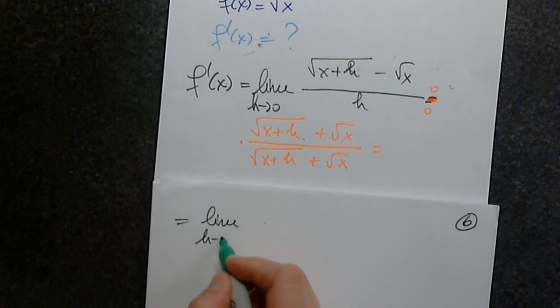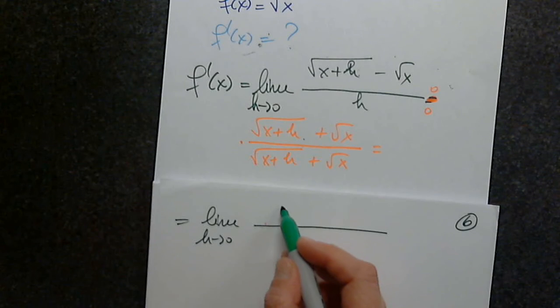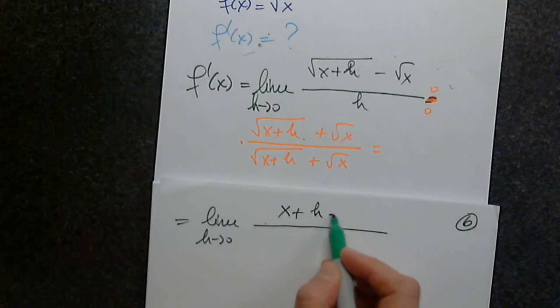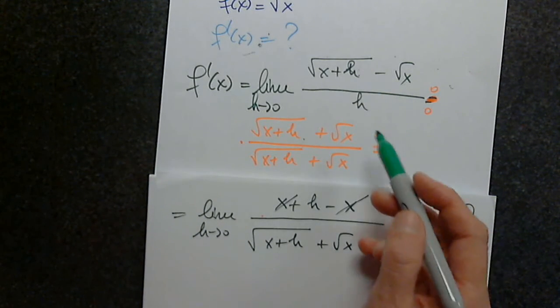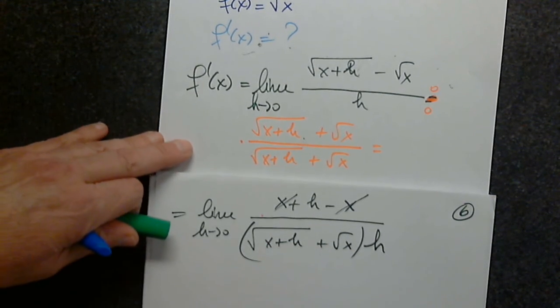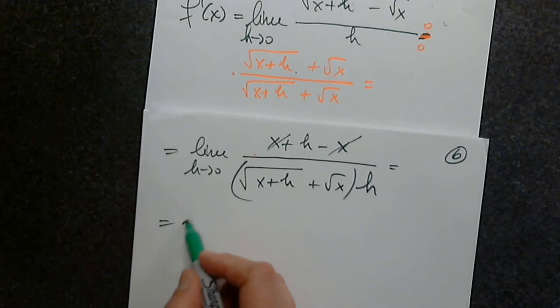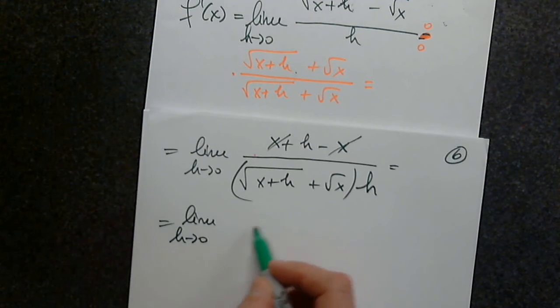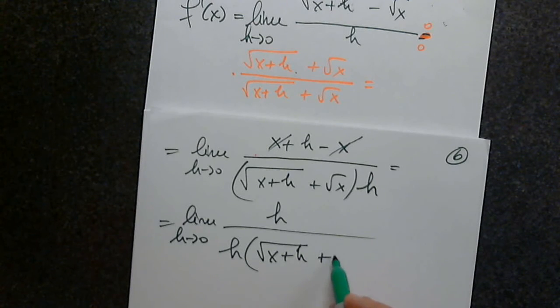Limit as h approaches 0 of... Perfect. These two go away. And don't forget the h, like I did. I said, oops, something is wrong. Where is my h? Okay. Good. Of course, now I simplify h from the top with this h in the denominator. And that's the second thing that has to happen.